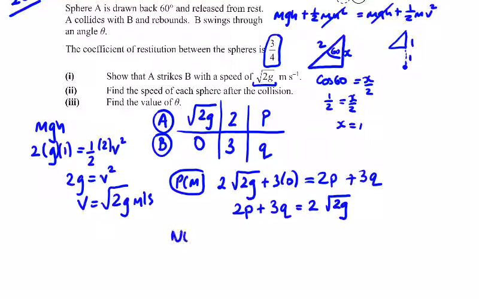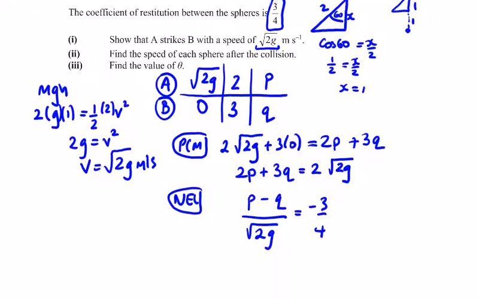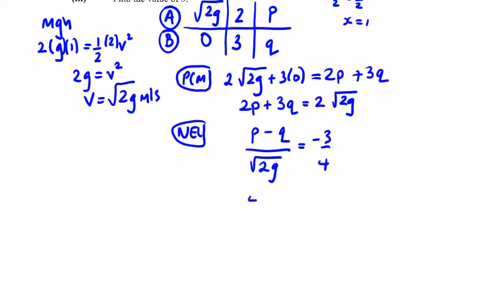Newton's experimental law: p minus q over √2g minus 0, or just √2g, is equal to minus e, minus 3 over 4. So we're going to get 4p minus 4q is equal to minus 3 times the square root of 2g.